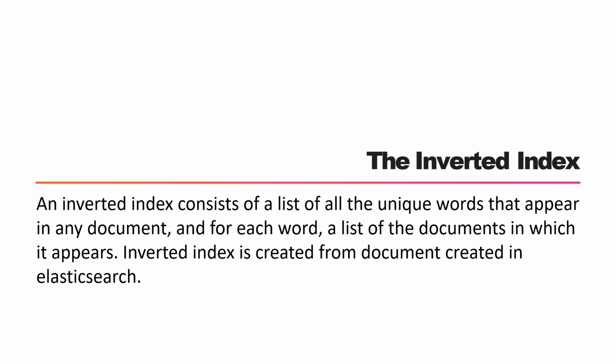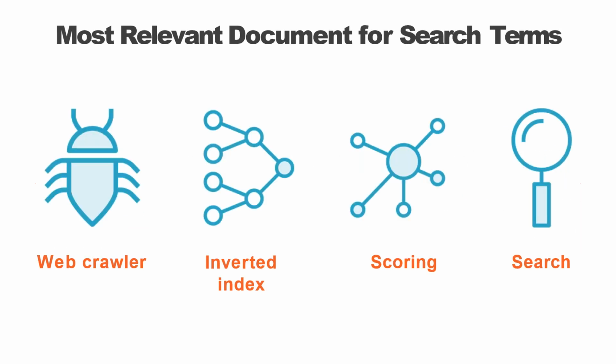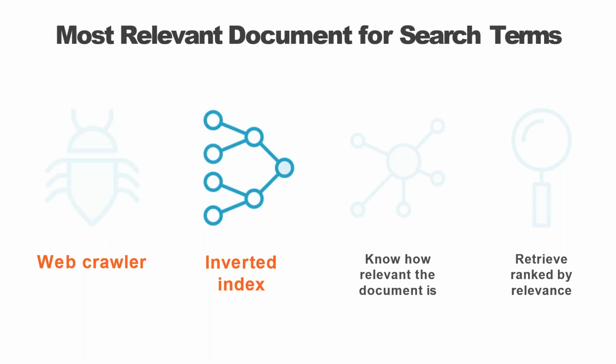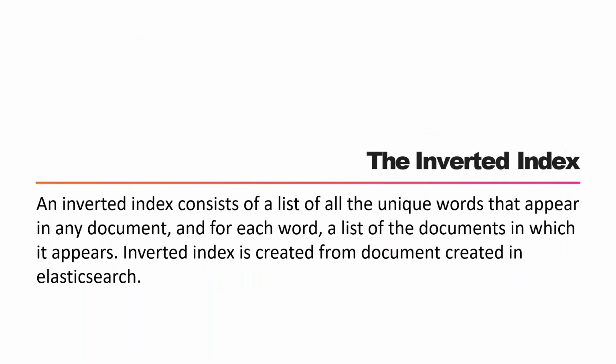When you want to have your own application and implement site search, how can you do that? There is one concept which is called the inverted index. Inverted index is the process where you index the document for lookup. Let's discuss it a little bit.